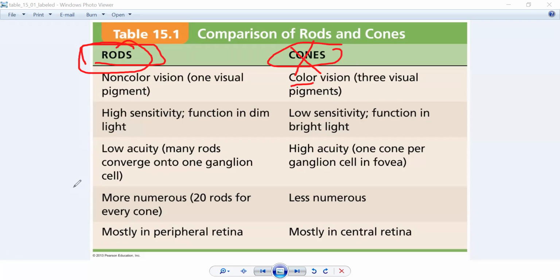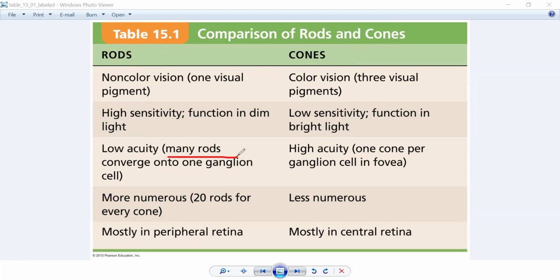Now, vice versa, let's say you're in a movie theater and you went from a dark environment immediately into a bright environment. When you go immediately from dark to light, the rods are now overstimulated. They go out of play. You're blinking your eyes because you're not used to that much light. You're stimulating the rods too much. And as the rods go out of play, what comes into play next are the cones when it's daylight.